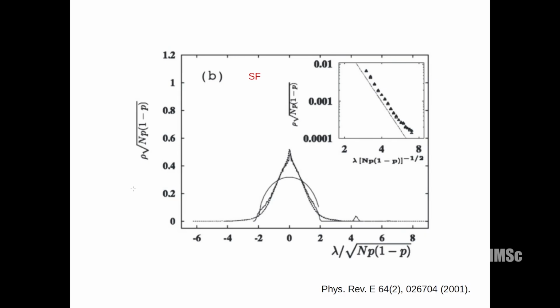This is for a scale-free network. Once again, this is what you expect, a semicircle, but actually what you get is something like this, more like a triangle, and then near the ends here and here it has a power law decay, which is what is shown here. Which means that it decays a bit slowly.